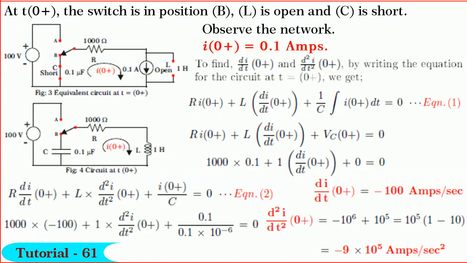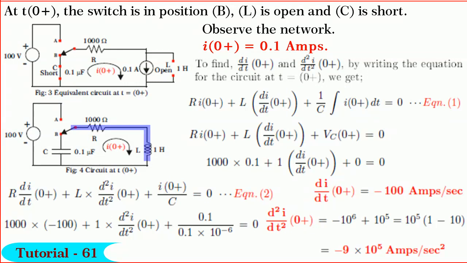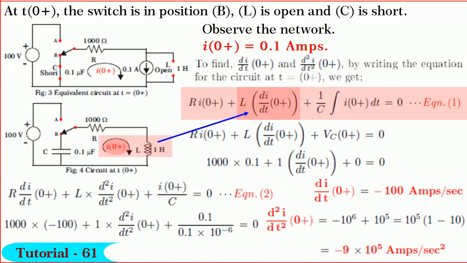To find di by dt 0 plus and d squared I by dt square 0 plus, the circuit drawn at t is equal to 0 plus is shown in figure. By writing the loop equation in terms of instantaneous values, we get R into I0 plus L into di by dt 0 plus 1 upon C into integration I0 plus dt is equal to 0.